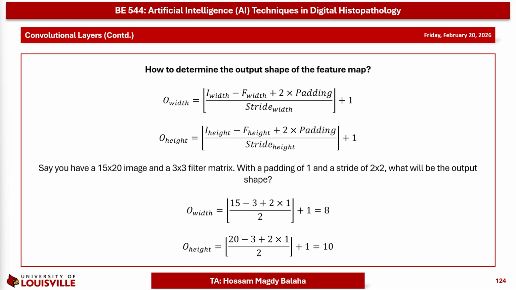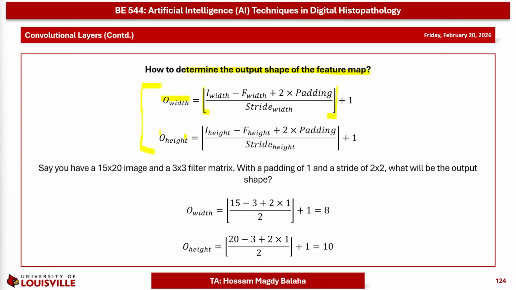So how do I determine the output shape of the feature map? Given that I know the input dimensions and the hyperparameters of our conv layer, you can simply use these two functions. The output width and the output height are similar but with different values. To calculate the output width and height of the output feature map, simply apply flooring to that factor and add 1.